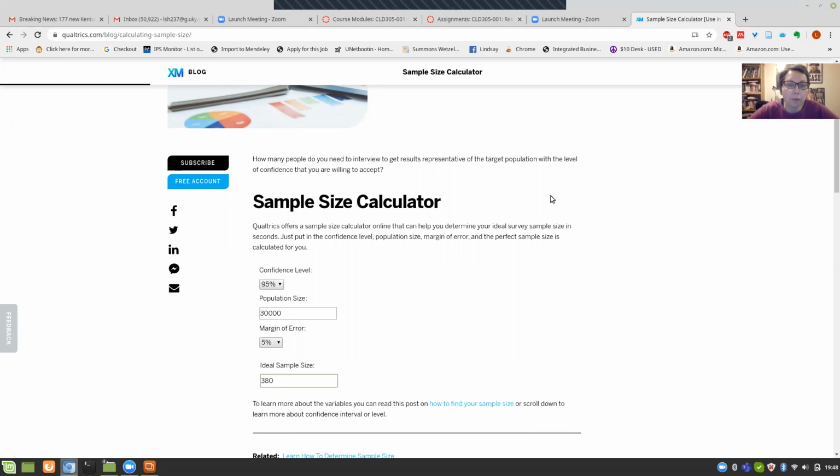And that is going to give me 95% confidence with a 5% margin of error, which, just to remind you, we talked about this in the beginning of the term.